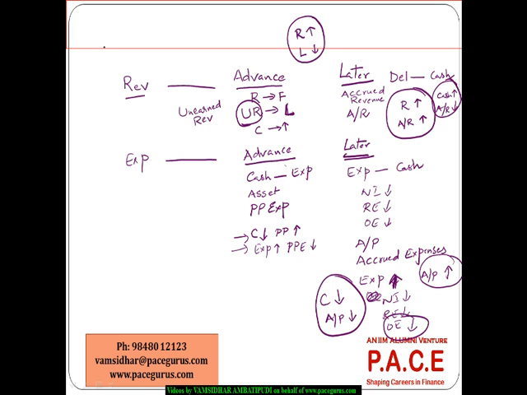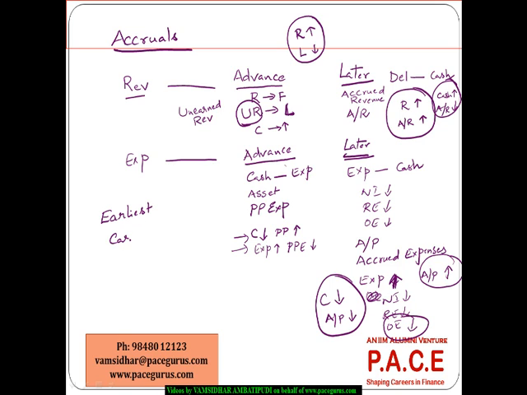So these are the four different kinds of accruals that we can see because of the timing difference between the recognition of the revenue or the expense in the income statement and the timing of the cash that is received or paid corresponding to it. In all these four, what we can see is which event occurs the earliest. In some cases, the cash payment occurs the earliest.